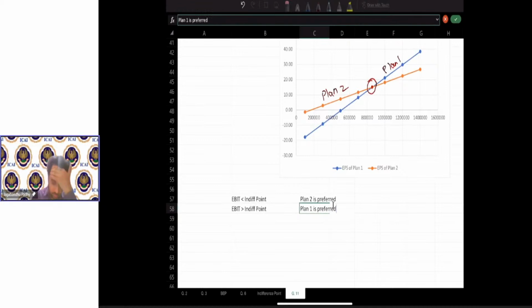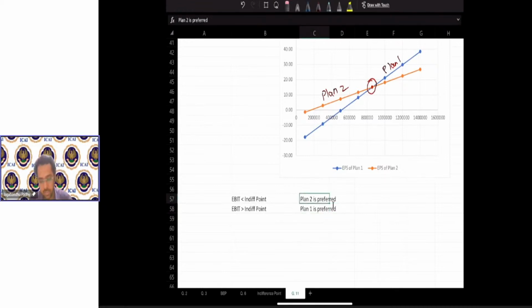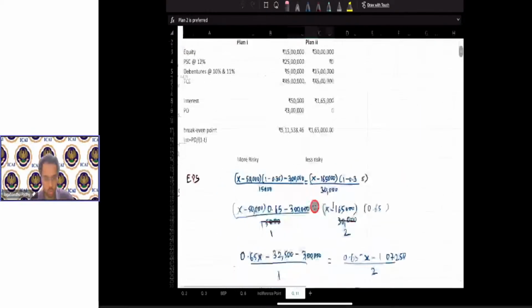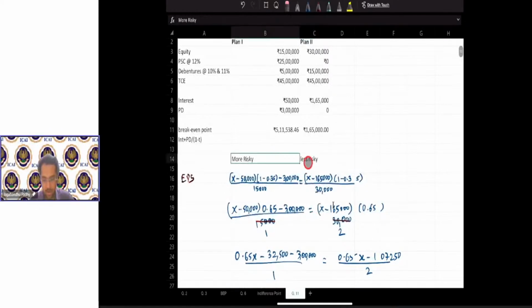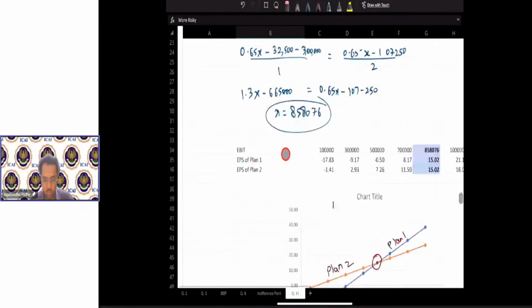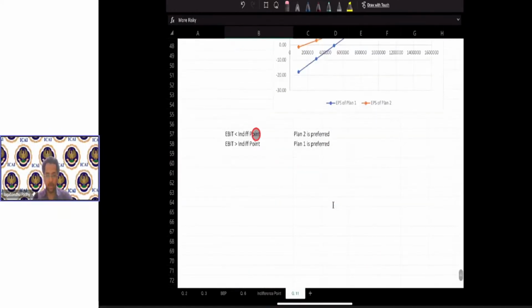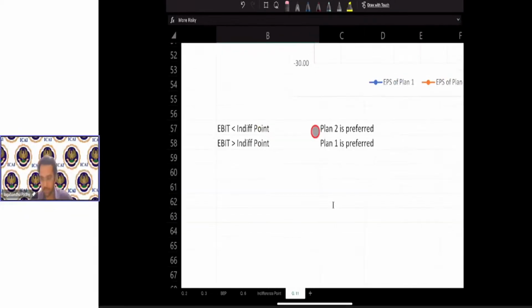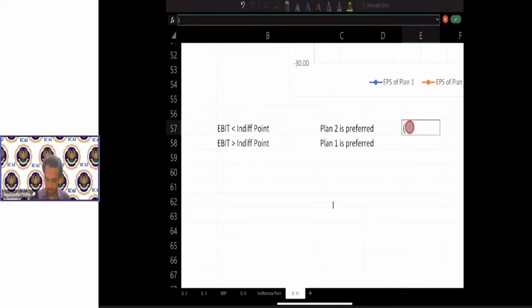Okay, so plan 2, was it a risky plan or a less risky plan? See, plan 2 was less risky. Plan 1 was more risky. So when your EBIT is less than the indifference point, the less risky plan is preferred.